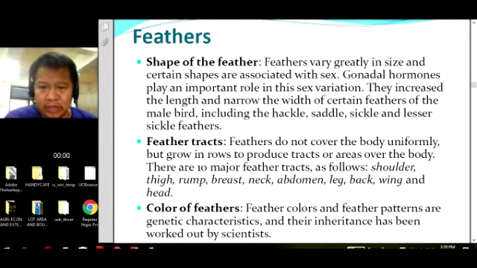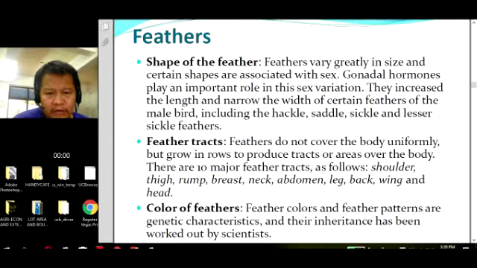Well, anyway, let's continue. So we have here the feathers, no? The anatomy of feathers. The shape of the feathers varies greatly with size and shape, and that variation is because of the sex of the chicken.